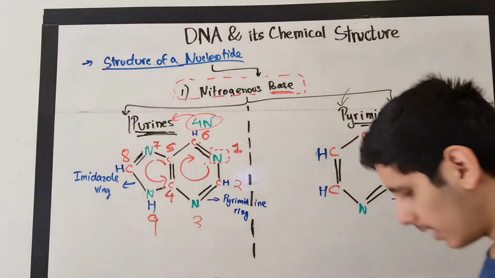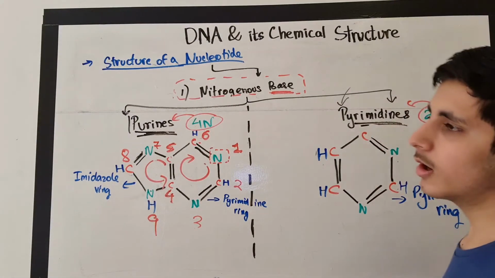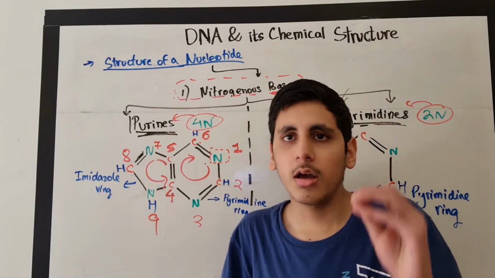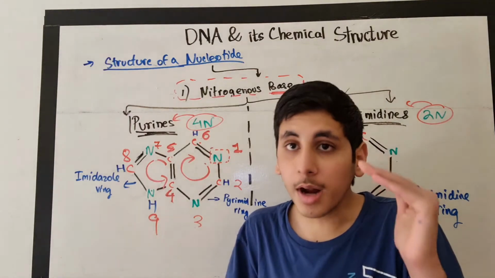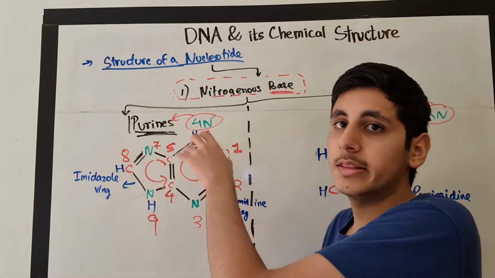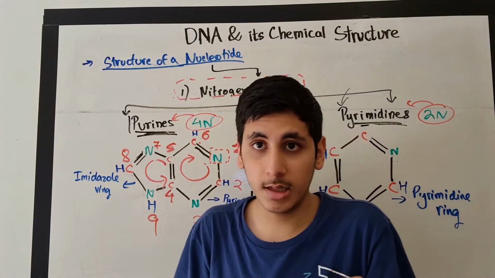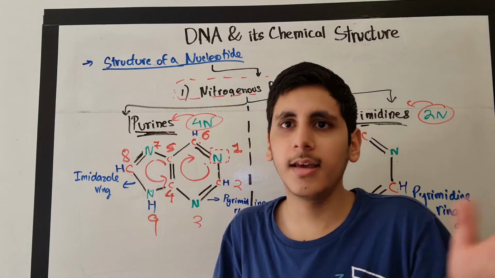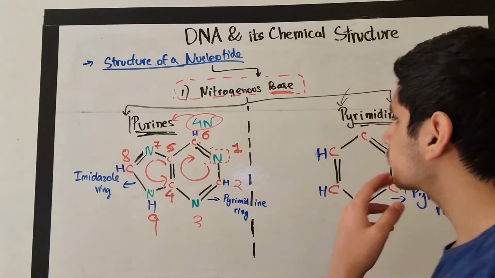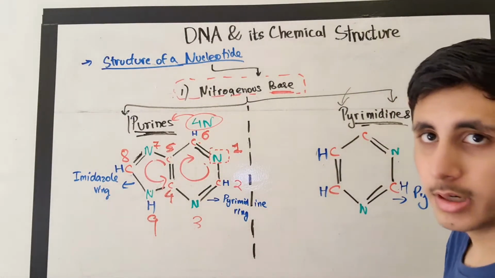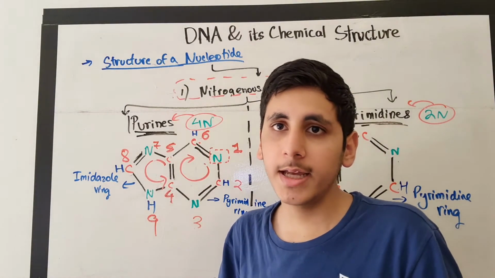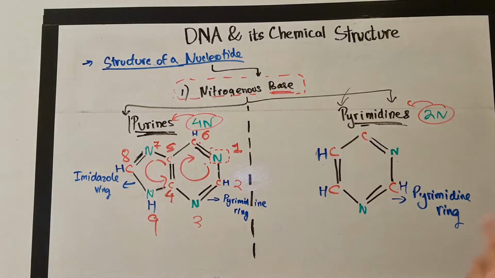If we're told to number from the nitrogen atom in the upper half of a pyrimidine ring, we're definitely talking about the numbering system in the purine. If someone is telling us to number from the nitrogen atom in the bottom half of the pyrimidine ring, we're talking about pyrimidines solely.